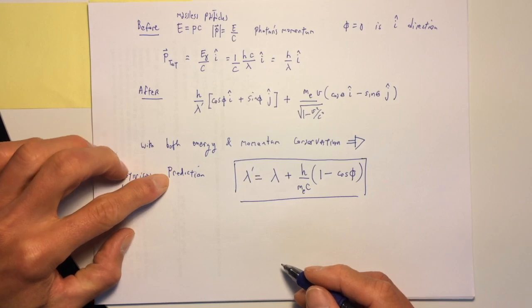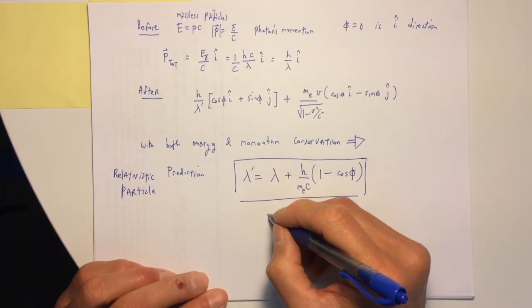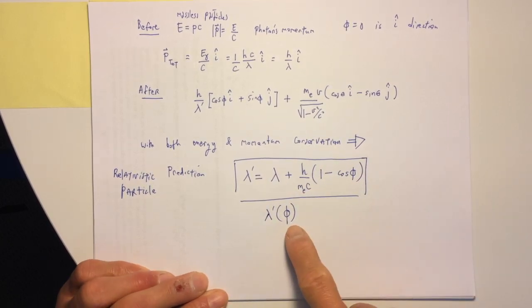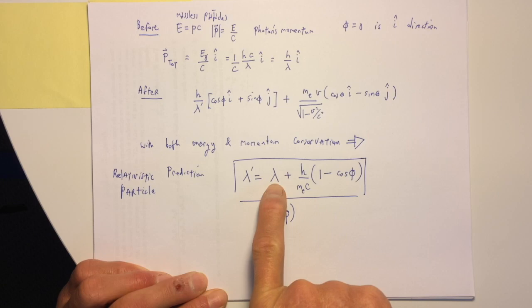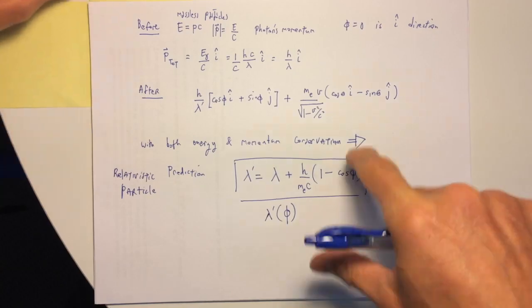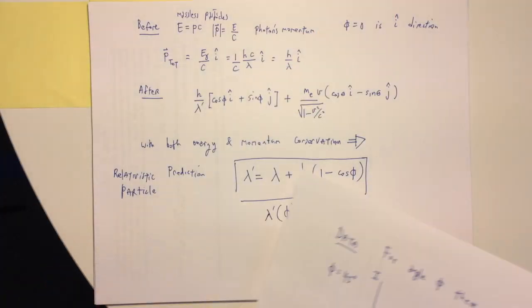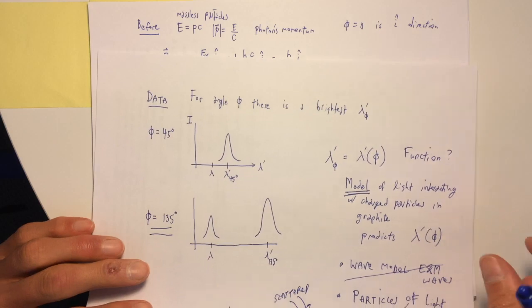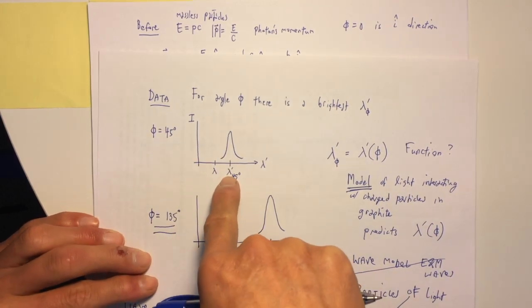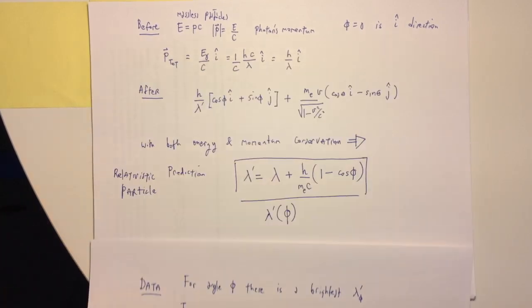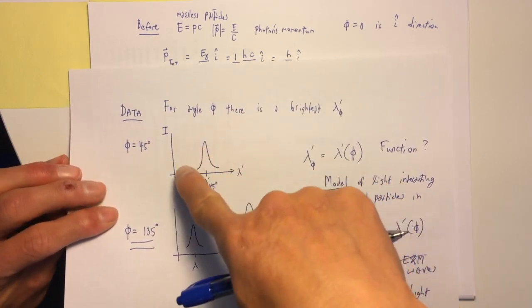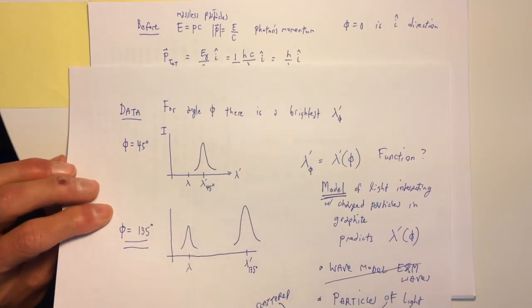So this prediction, if you think about it, is our lambda prime as a function of phi. It is also a function of the incoming light beam, but in particular there's the angle phi, and earlier I was saying that the data says that if you check different angles, at a different angle you're going to get a certain wavelength that is the brightest, and this matches the data that Compton got.